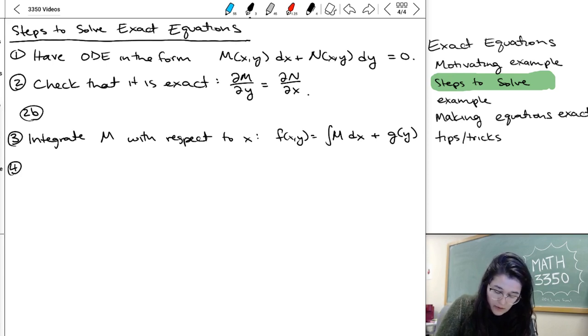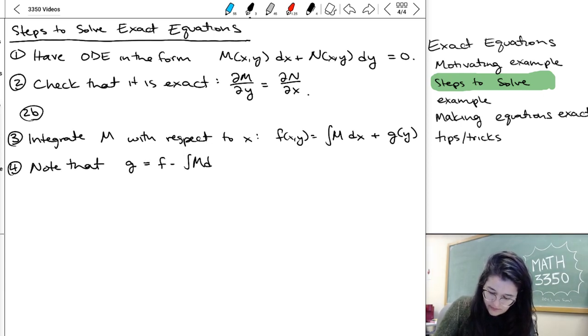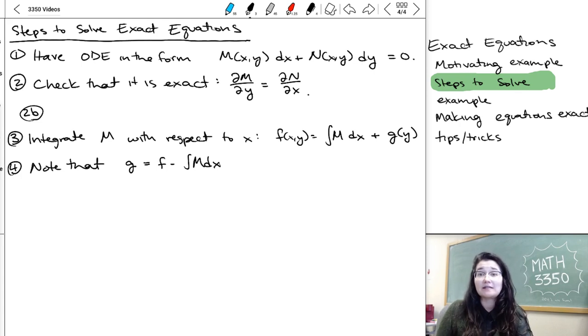Then we're going to note that if we take this equation and solve for g, we would get that g is f minus the integral of M dx. We already calculated the integral of M dx.